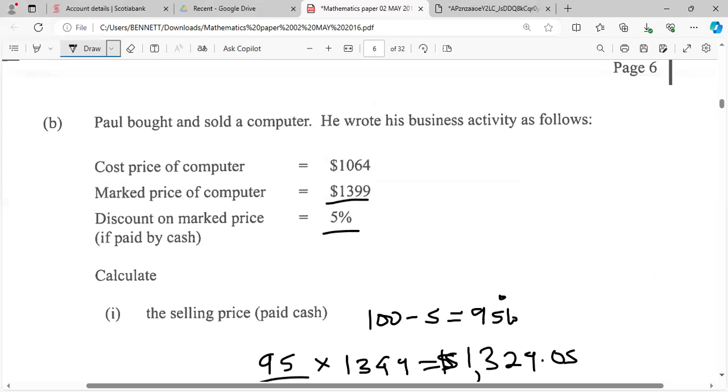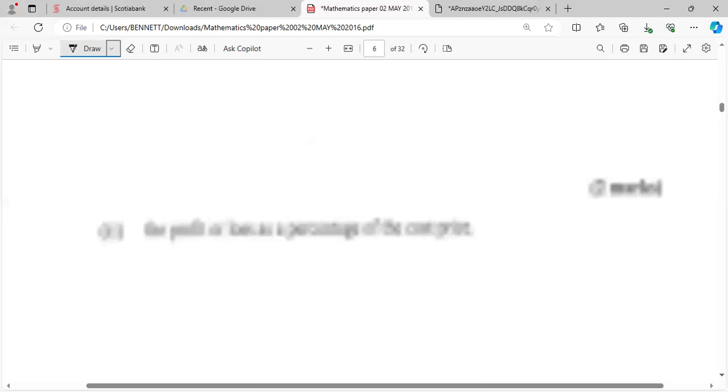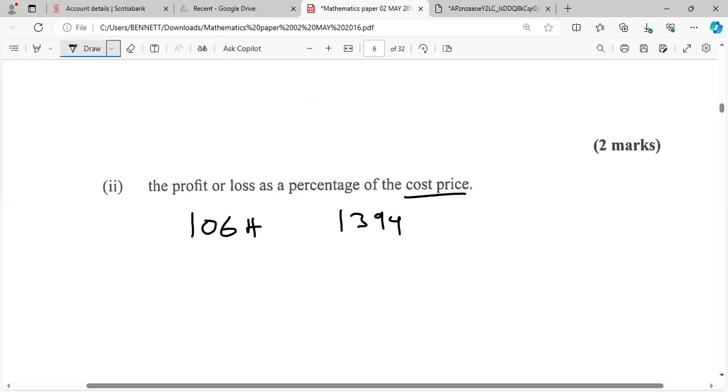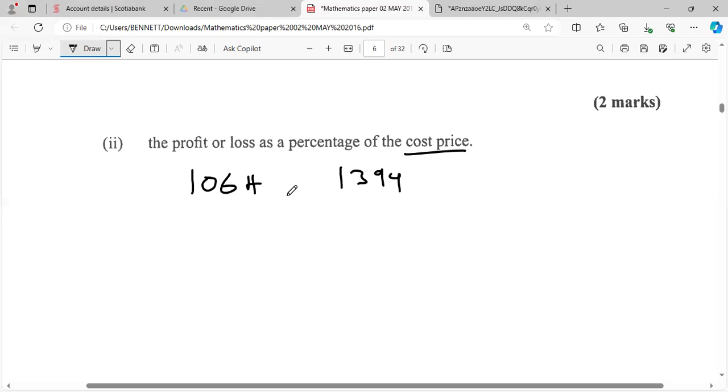So they want the profit or loss percentage of the cost price. First we need to know how much profit you make. It is a profit, because if you buy it for 1,064 and sell it for 1,399, you make a profit. So let's find the profit amount by subtracting this from this.